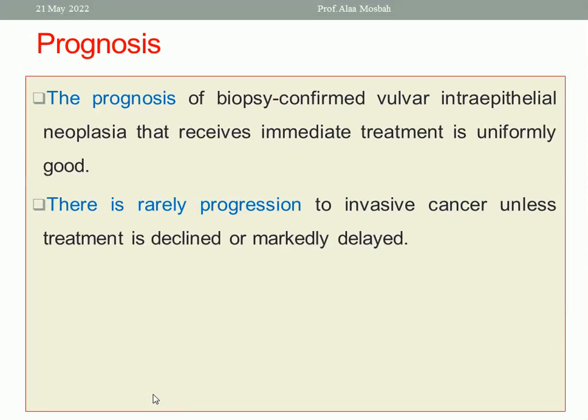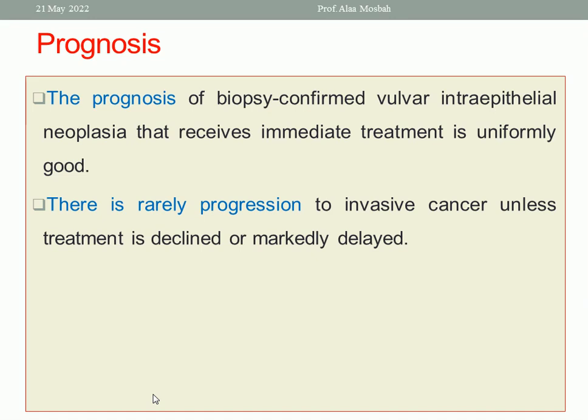The prognosis of biopsy-confirmed vulvar intraepithelial neoplasia that receives immediate treatment is uniformly good. So, if you give the patient the proper treatment, the prognosis is good. There is rarely progression to invasive cancer unless treatment is declined or markedly delayed.